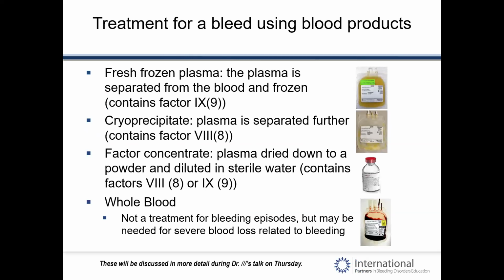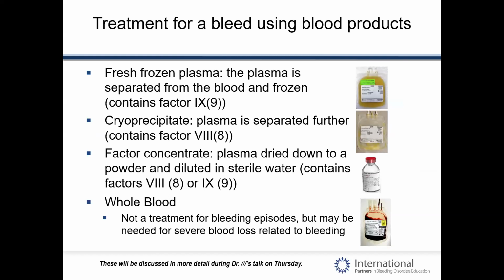As we go on to treat a bleed using the other products, these are samples of blood products that we normally give. In our setup, and I know in most setups that have good blood transfusion units, you can get fresh frozen plasma, which is separated from blood and frozen. It contains factor 9, so this is an option when you want to control bleeding in a bleeder who is undiagnosed.